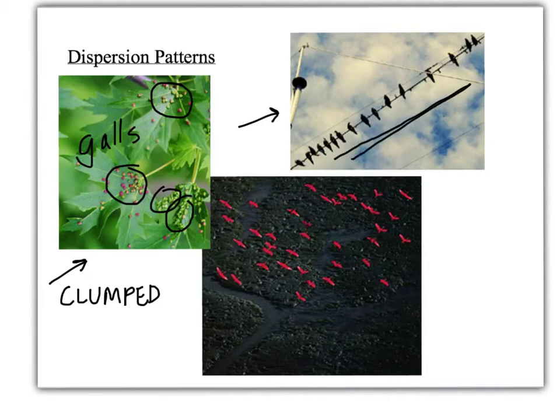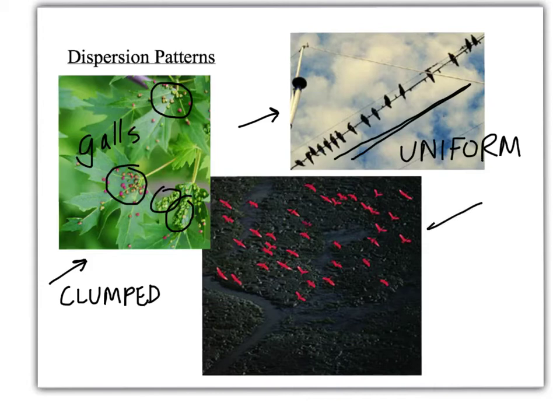So we call this dispersion pattern uniform because they have approximately a uniform distance between each one. They're each giving each other their own space. A specific type of bird that does this is penguins when they're nesting, for example, in Antarctica. And so their emperor penguin nests there, and it will give the other emperor penguins space so that they're not all nesting right next to each other. There's pretty much a uniform amount of space between each one.